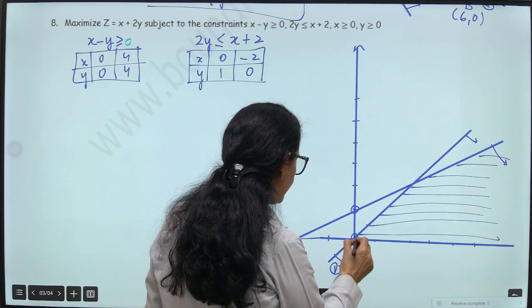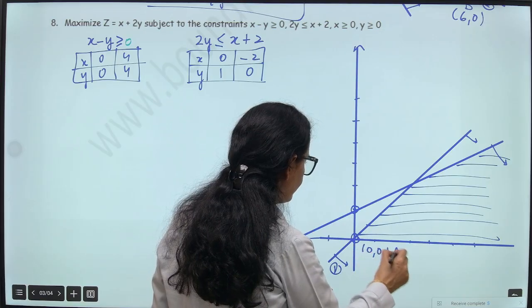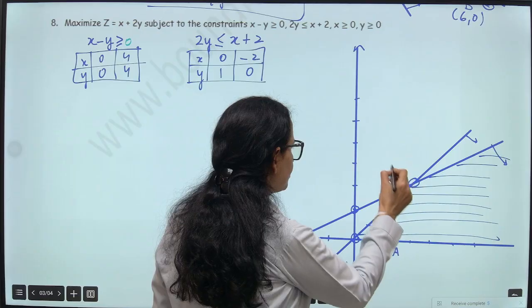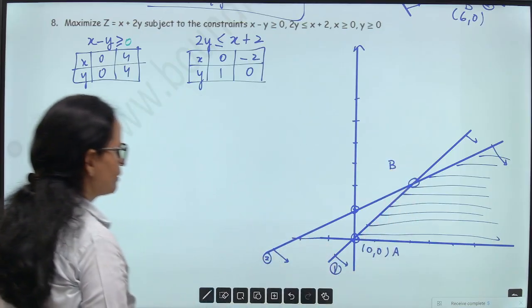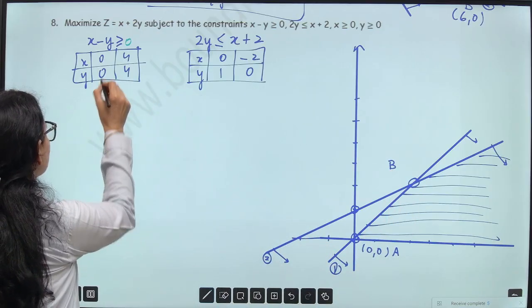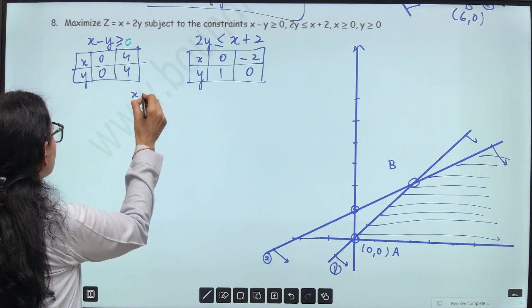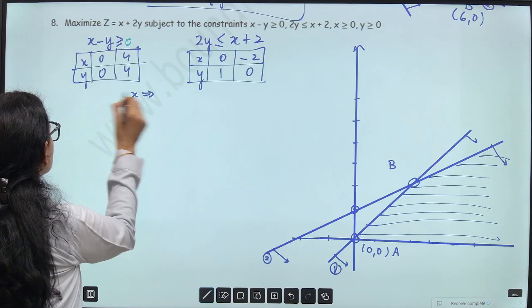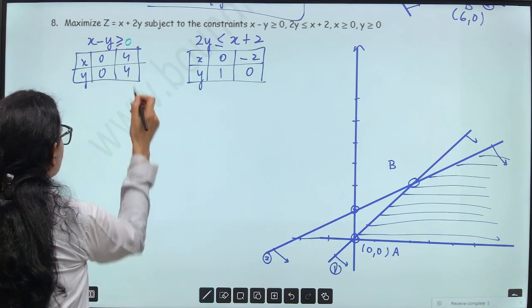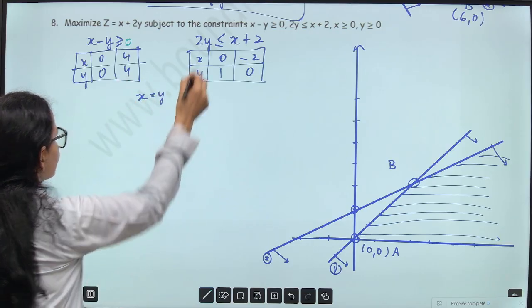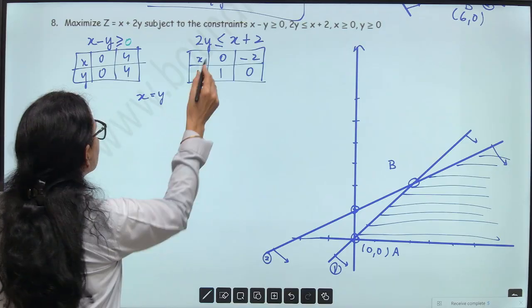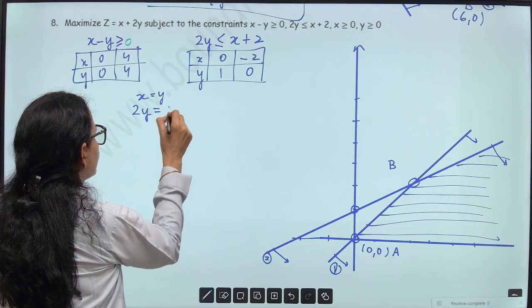The first corner point is 0, 0. This is the first corner point. For the second corner point, we need to find the point of intersection of both these lines. So let's solve them. The first inequality gives us x equals y. And if I put x as y here, 2y equals x plus 2.